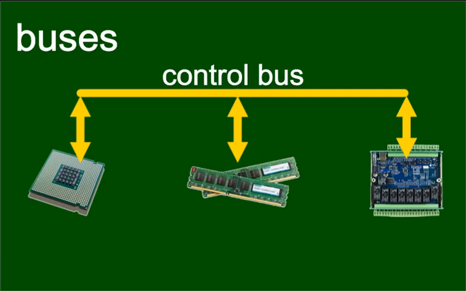Now the processor has to communicate with the other components, and there have to be signals coming back from those components to the processor to know that things are done. So if I want to get something from memory, I would need to send a control signal to memory, and then it will need to send me something back, but I need to know when that operation is finished. Likewise with the input and output controller.